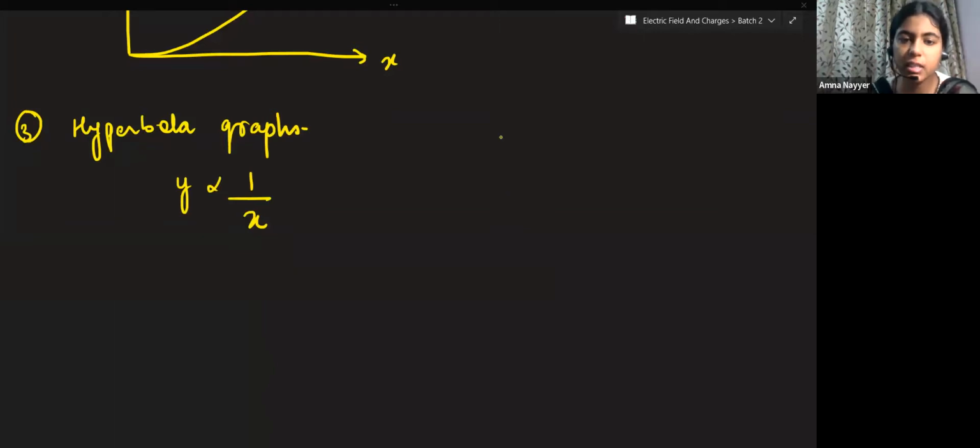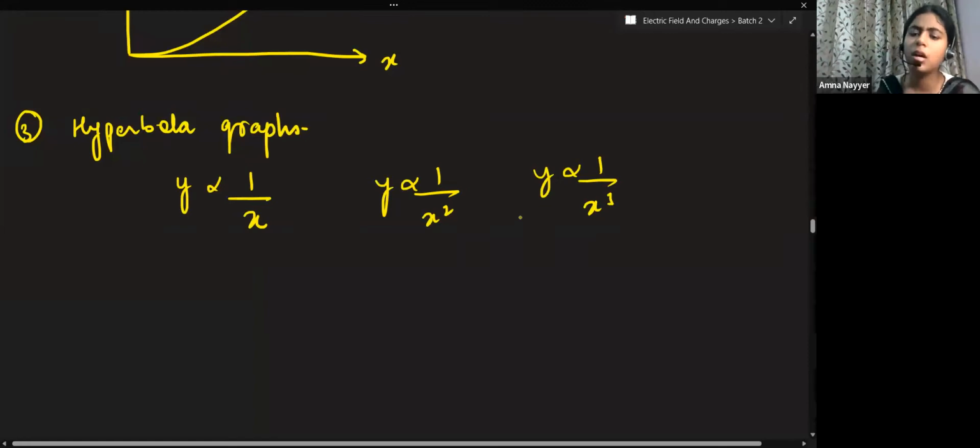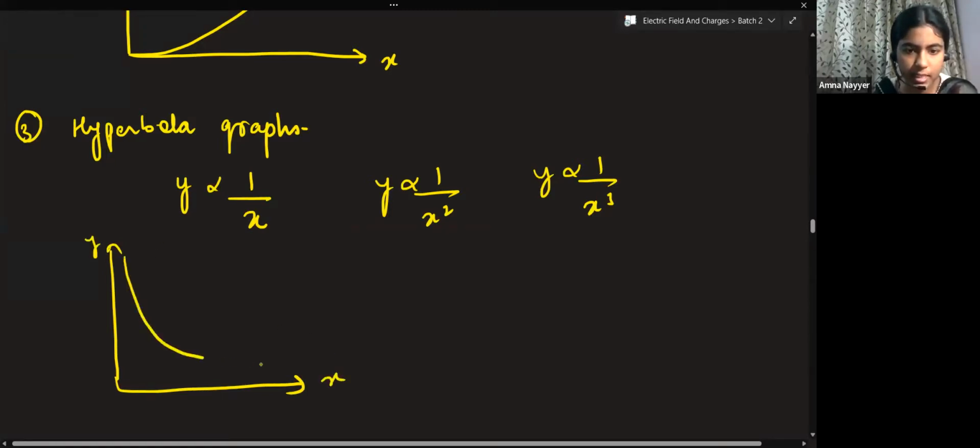So y is inversely proportional to x, or y is inversely proportional to x square, or y is inversely proportional to x cube, and so on. So the plotting of this graph, this is y, this is x, hyperbola is in this manner. So these are the basic graphs that you have already studied in your previous classes, just a basic revision of it.